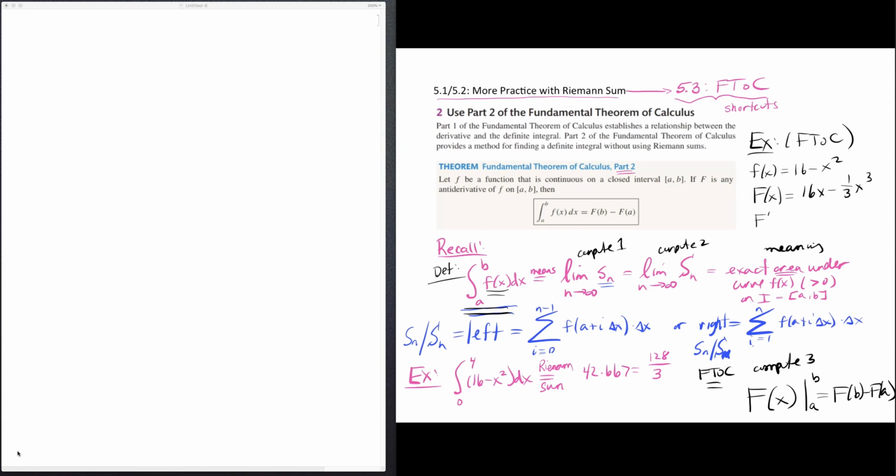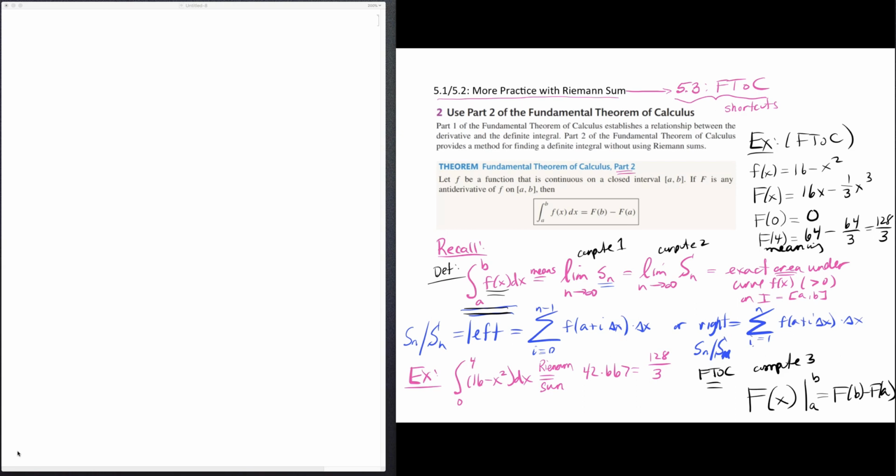Then you will evaluate the antiderivative function at 0 and at 4, and that will give you 0 at 0. It will give you 64 minus 4 cubed, 4 times 4 is 64, over 3, which is 128 over 3.